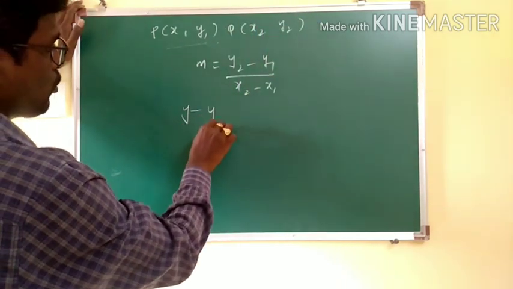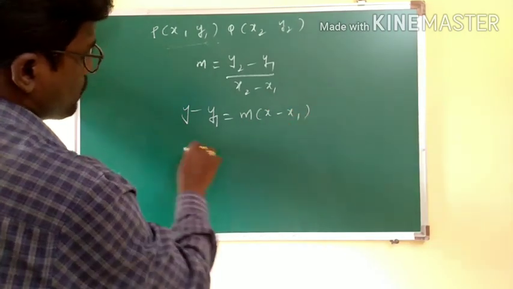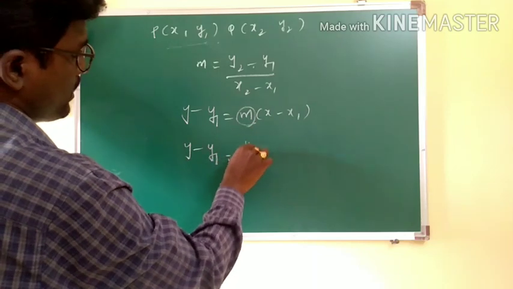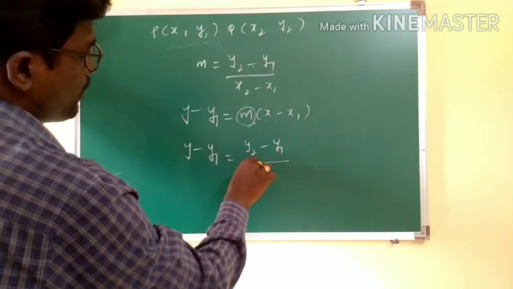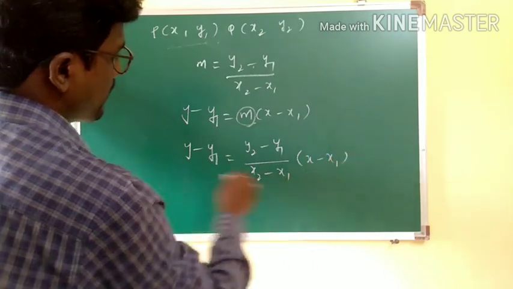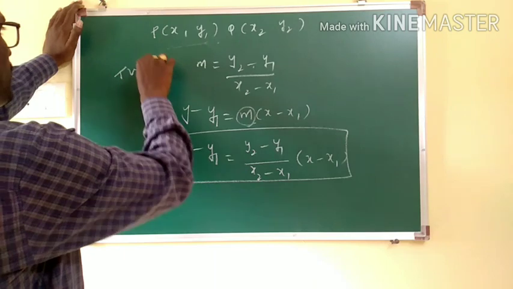Then use the point and slope form. y minus y1 is equal to m into (x minus x1). Therefore, y minus y1 is equal to, substituting m, (y2 minus y1) by (x2 minus x1) into (x minus x1). This is called the 2-point form.